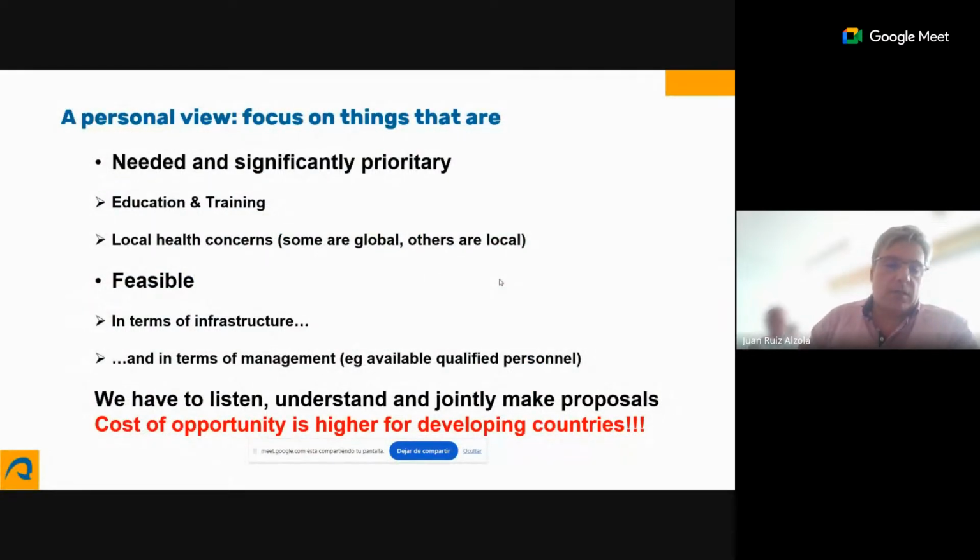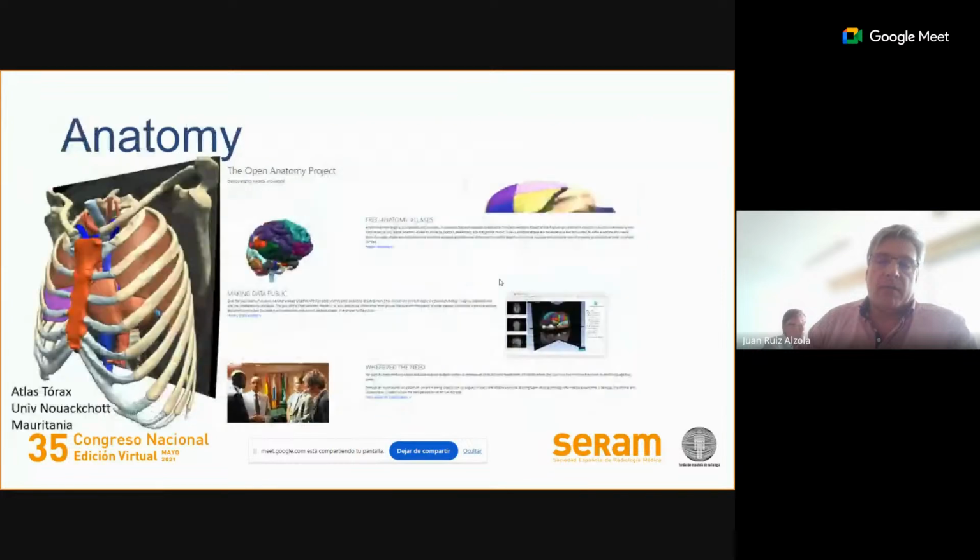So I'm going to skip this. In the case of technology, we are using 3D Slicer for a number of applications to build atlases with our African colleagues, using their own data.